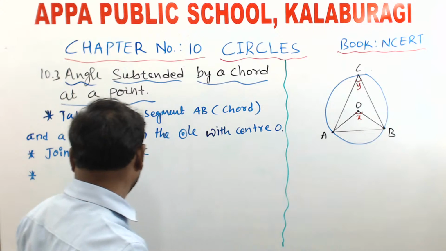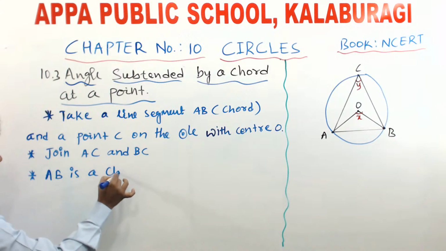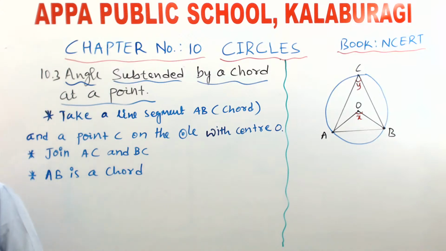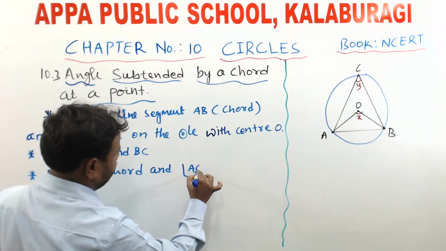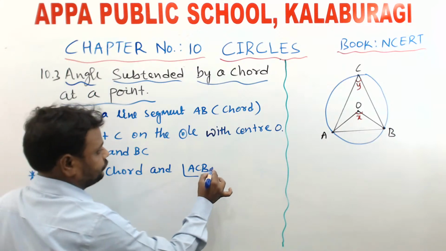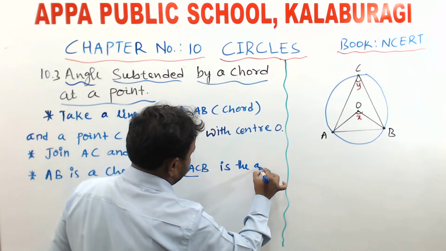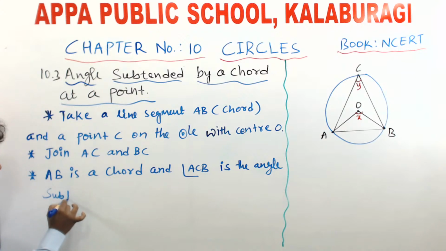The third point: AB is a chord and angle ACB is the angle subtended by the chord AB.